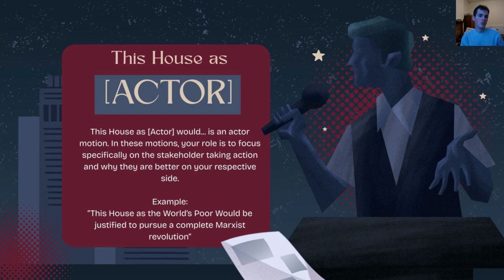So then the government would just argue why that is good and why the poor are justified, and then the opposition would say, well, actually no, the poor wouldn't be justified because they would be worse off, because Marxism and communism as an economic and political model is a gateway for dictatorship and corruption, and economically is not viable. That's what they will likely argue.